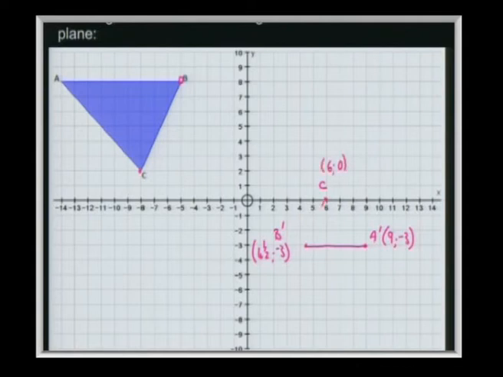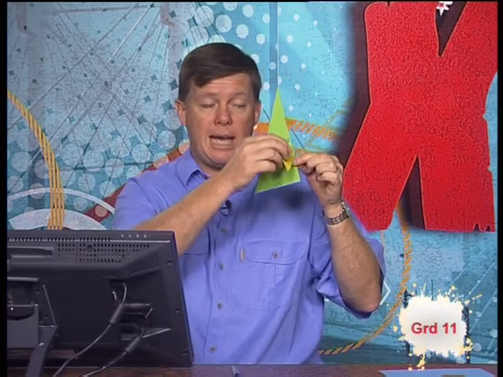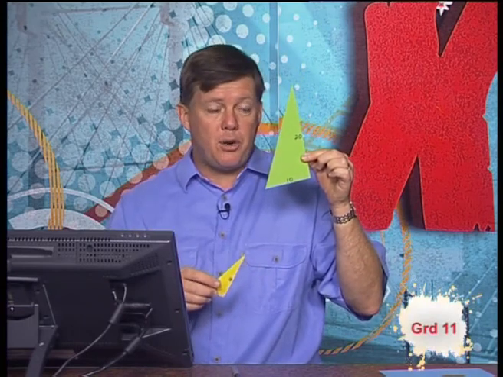So what we've done now is we've drawn it and we've labeled it. That was C dash. Let's have a look at what this transformation actually was. Well, the triangle is shrunk because we multiplied it by a scale factor of 1/2. Now, if we remember, when we multiply by a scale factor of 1/2, not only do the sides decrease to half their size, but what happens to the area?